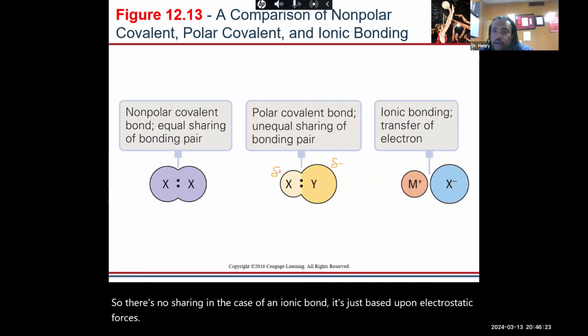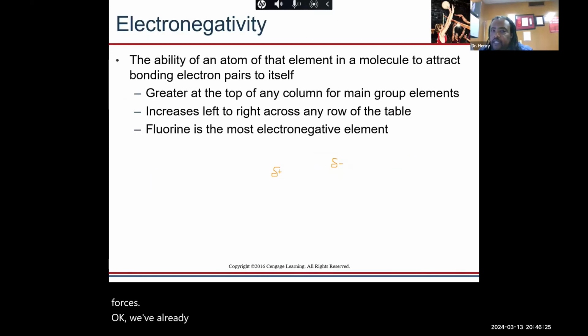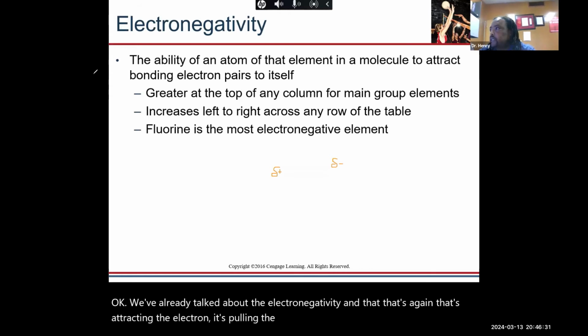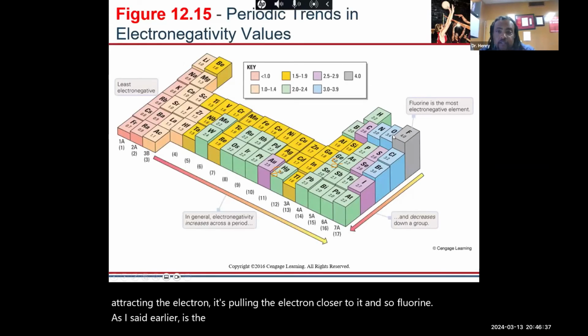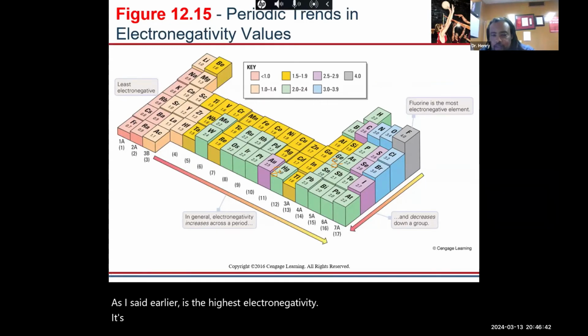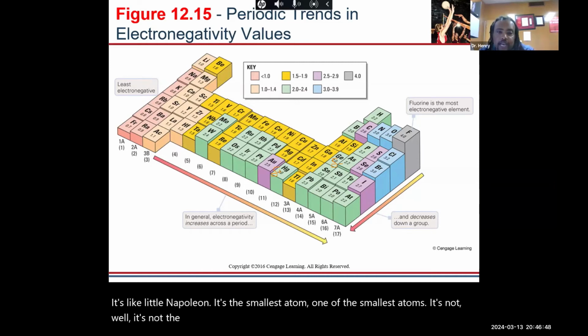Okay. We've already talked about electronegativity, and that's attracting the electron. It's pulling the electron closer to it. Fluorine, as I said earlier, has the highest electronegativity. It's like little Napoleon. It's one of the smallest atoms.